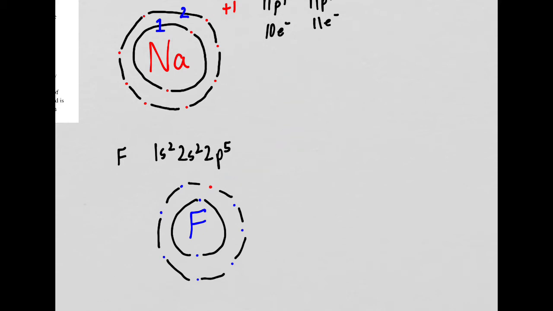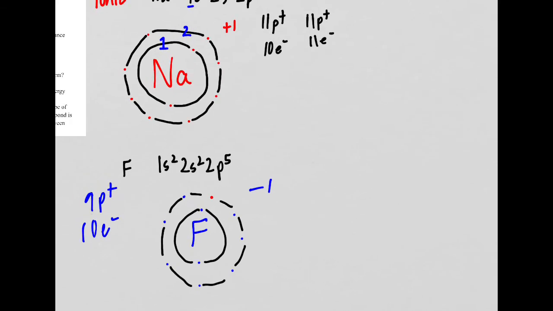When that happens, of course, our fluorine atom goes from 9 protons and 9 electrons to having 10 electrons. Therefore, it has an overall -1 charge on it. And because of that negative charge and that positive charge, they form an electrostatic interaction between them.